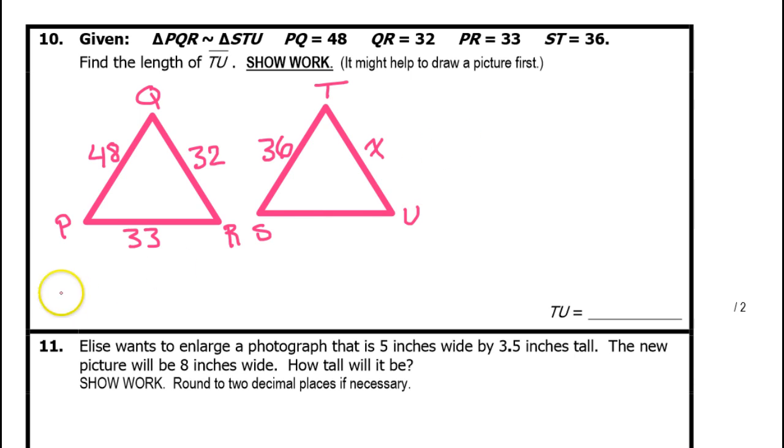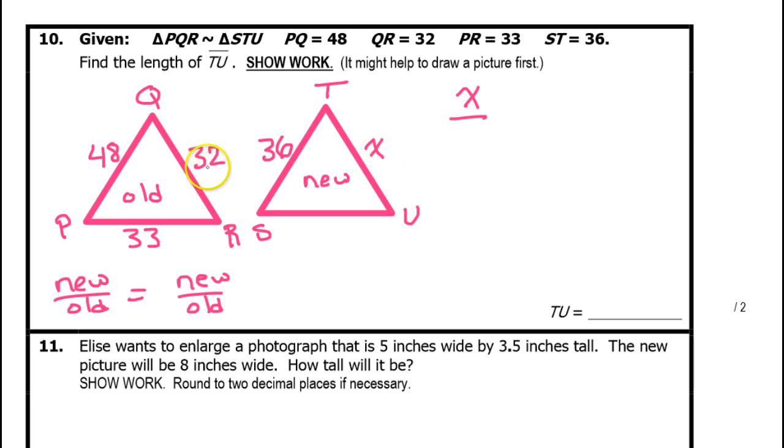Okay, so we're just going to do new over old is equal to new over old. I'll think of this one as new, and I'll think of this one as old. So that will give me X over 32 is equal to 36 over 48.